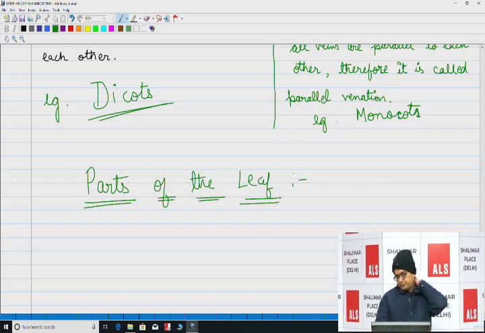Parts of the leaf. So a leaf has basically three parts: petiole, lamina, and leaf base. A typical leaf has three parts.